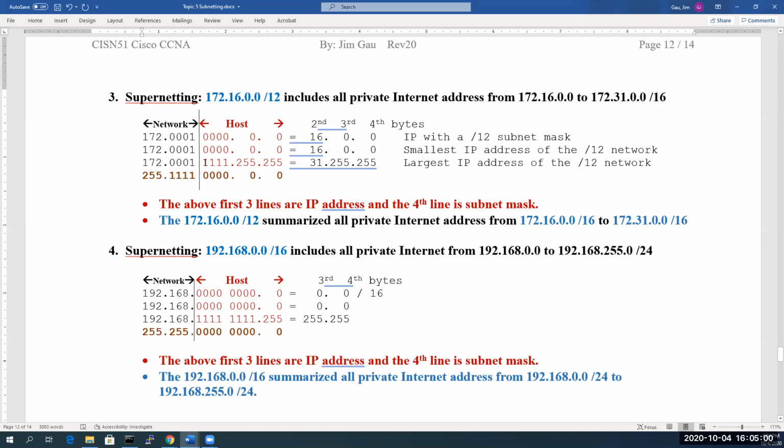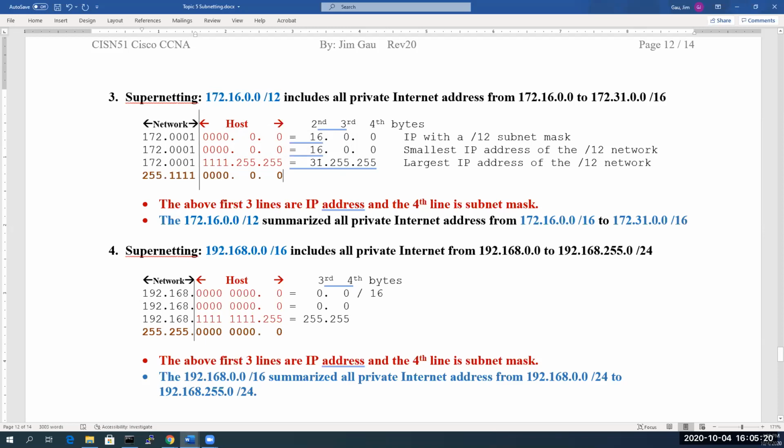The largest one, we put in 1111 and then 255.255. So if you put in 1111 here, what does it look like? This is actually 31. You see that? This is 16 plus 15, so that's 31.